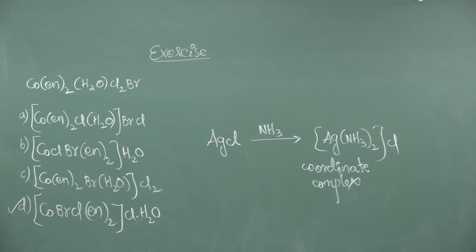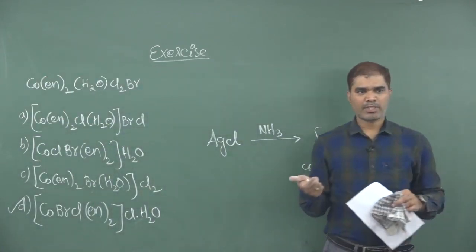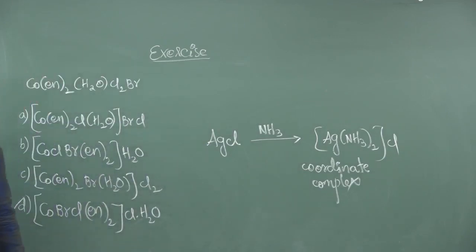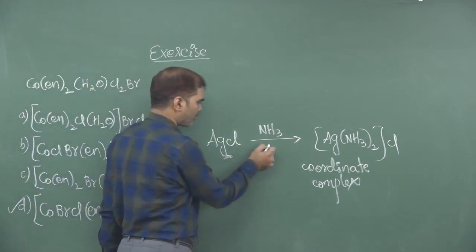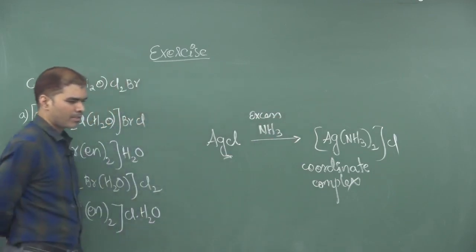This we have discussed at the beginning of coordination chemistry, where I discussed different isomers, hydrate isomerism, ionization isomerism. In that, if I put sulfuric acid, it can very easily take away the water molecule present in the ionization sphere. You can also write this: silver chloride in the presence of excess ammonia will give you a coordinate complex.